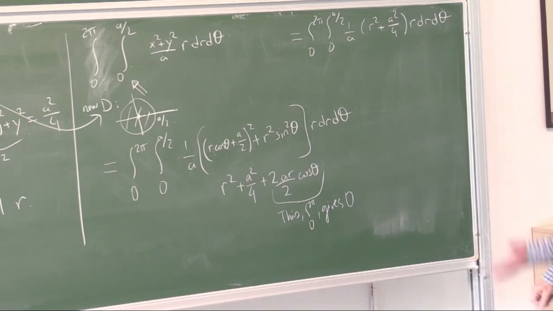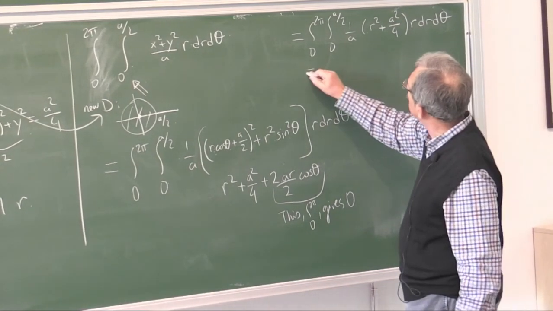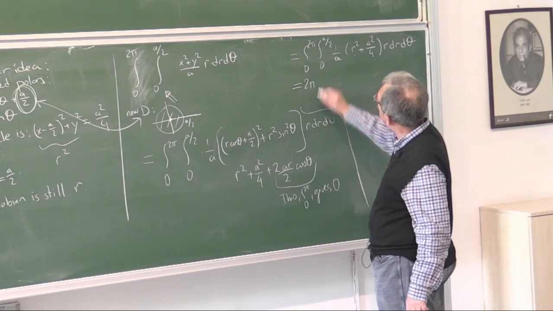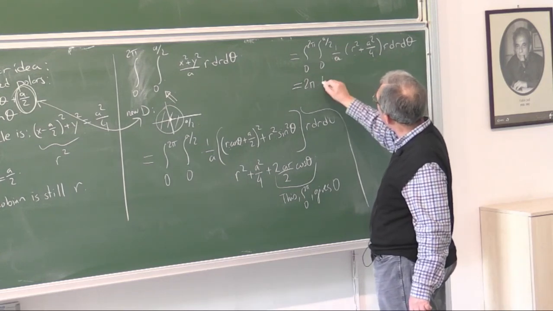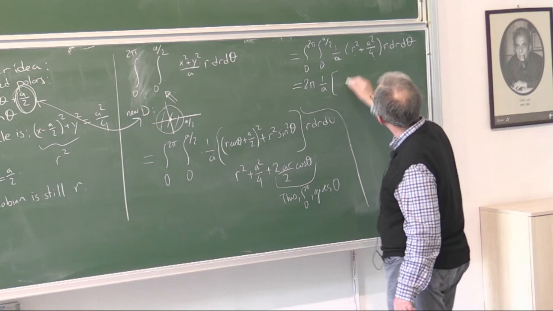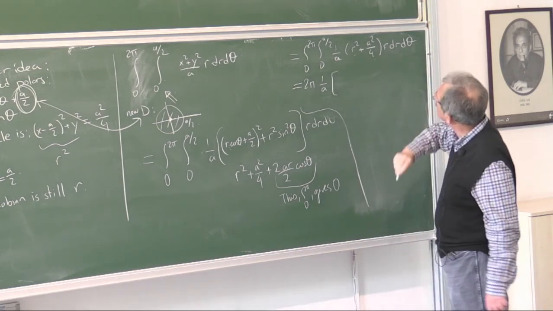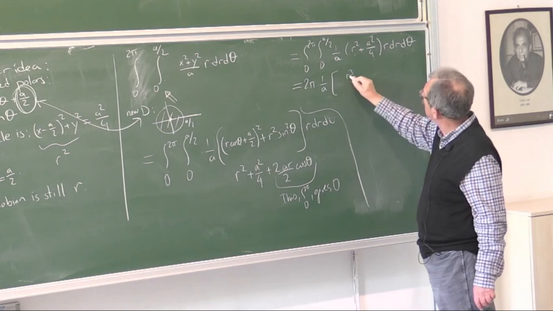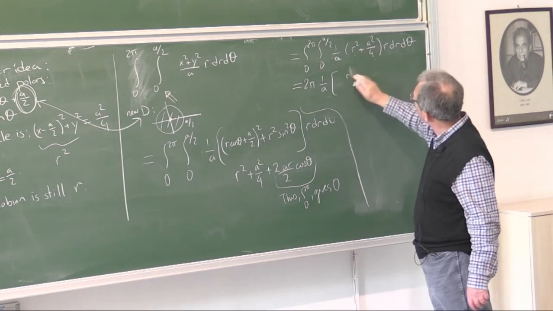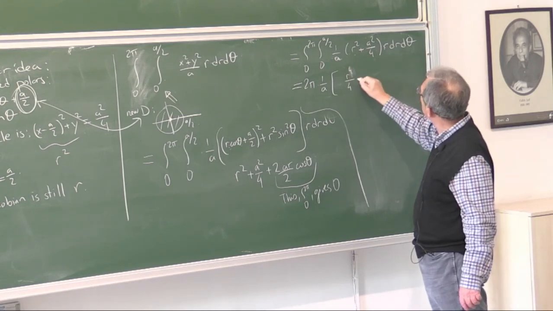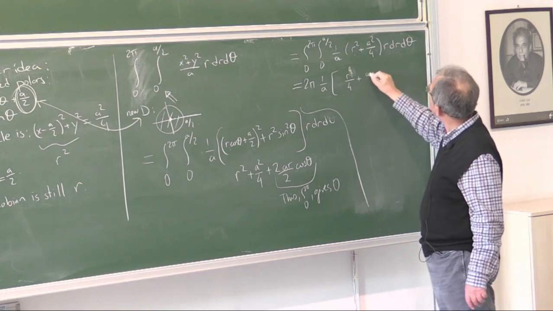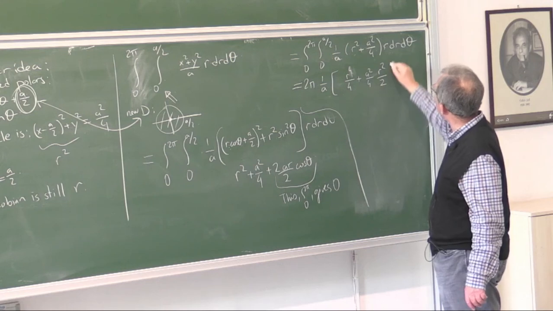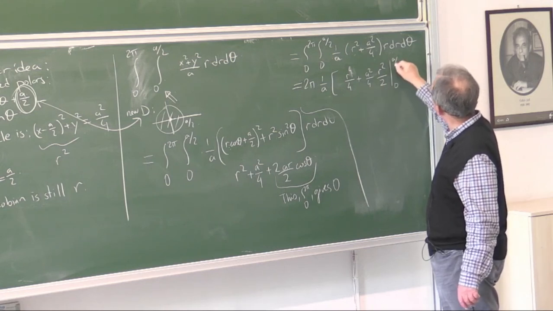And, okay, this is easy now. Because we have no theta, we have 2 pi coming. We have 1 over a constant. And then we will integrate the r part. It would be r cubed over 3, r to the 4th over 4, plus a squared over 4 times r squared over 2, from 0 to a over 2.